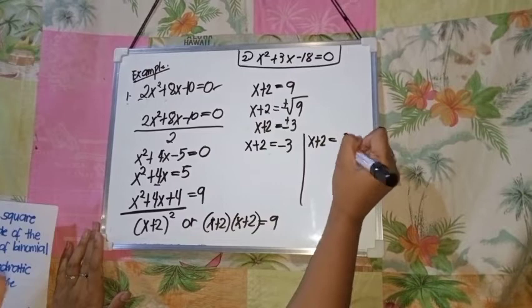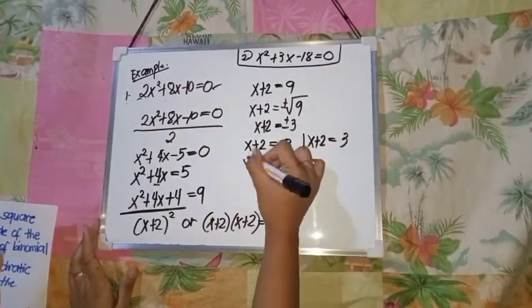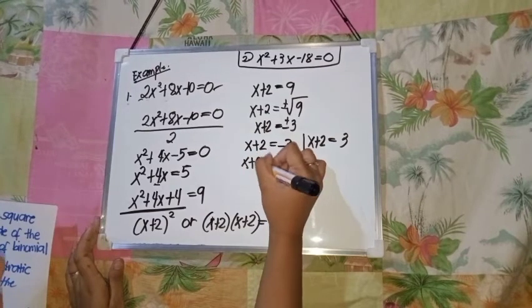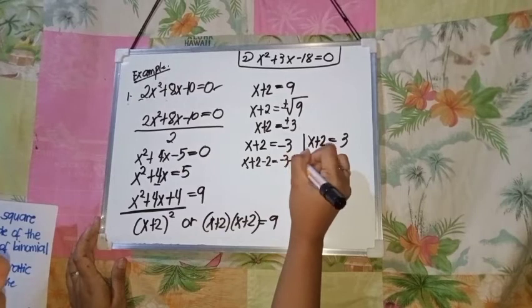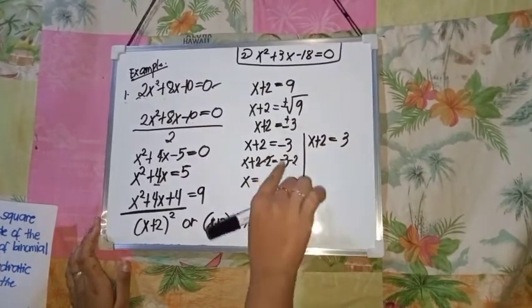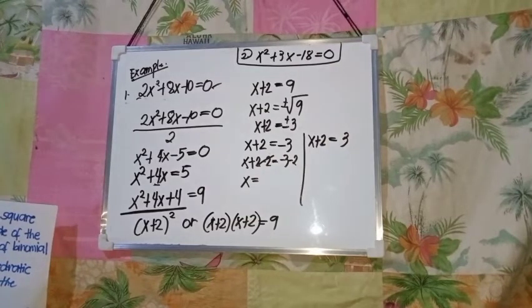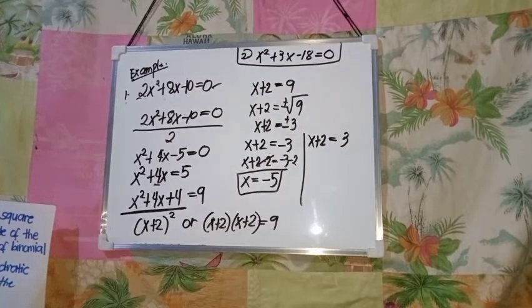With the additive inverse, it will be x plus 2 minus 2 is equal to negative 3 minus 2, so the 2s cancel out. So x is equal to negative 3 minus 2, which is negative 5. So the first value of our x is negative 5.